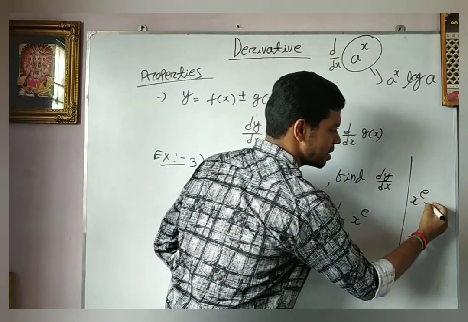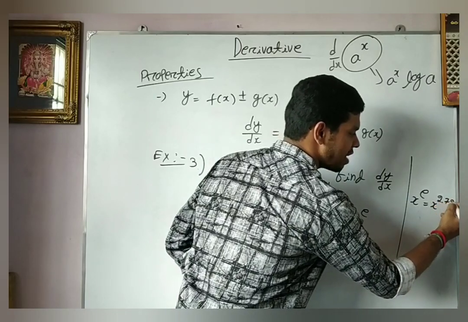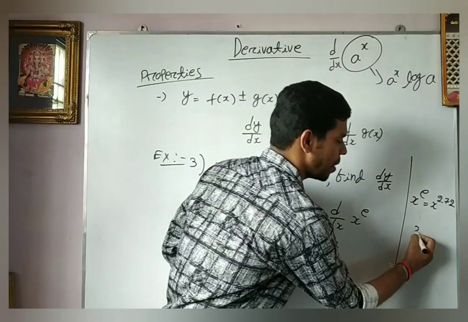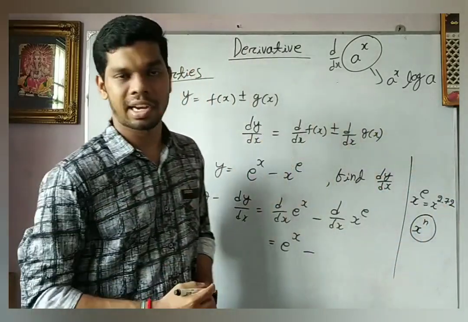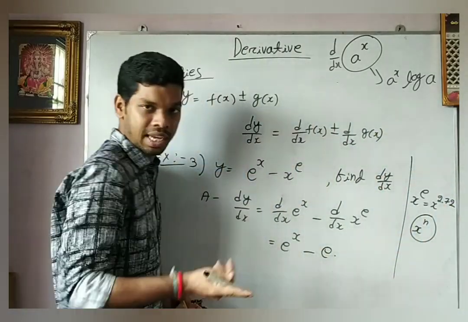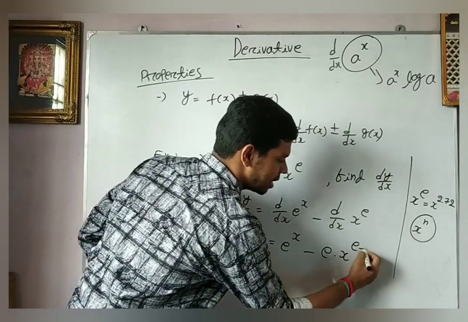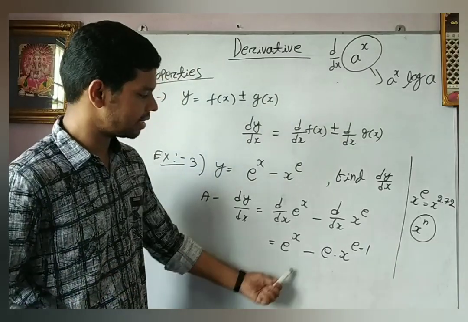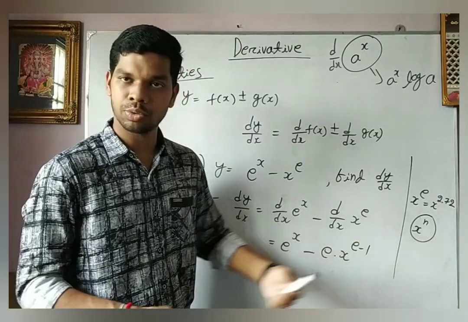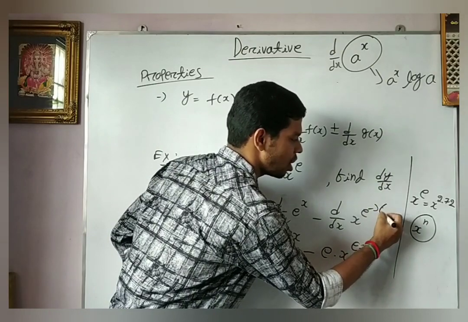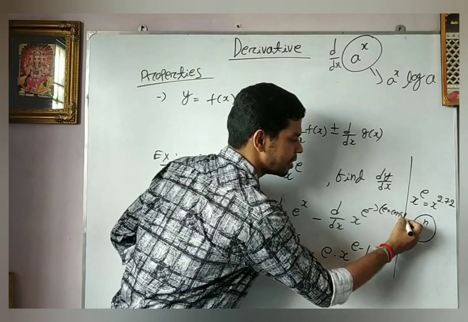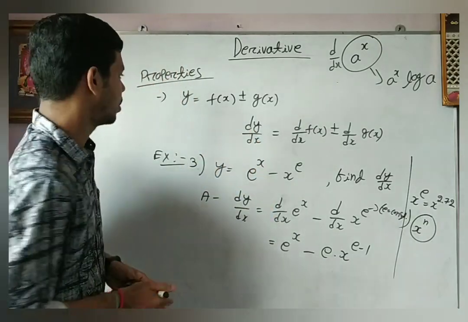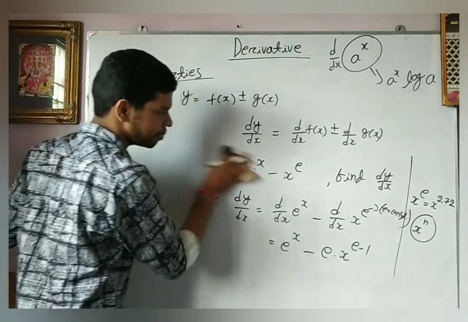X to the power e means x to the power 2.72. That means variable to the power constant. We have to apply this formula, x to the power n. E times n times x to the power e minus 1. This is the answer. e to the power x minus e times x to the power e minus 1, because here e is a constant. Okay. Next property, second property.